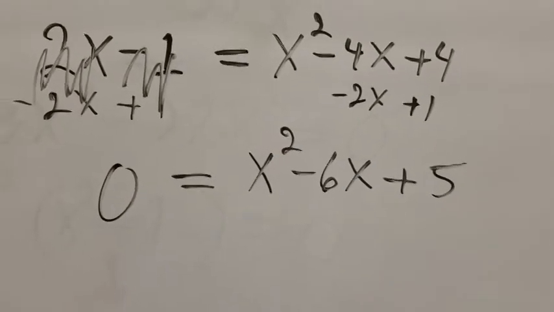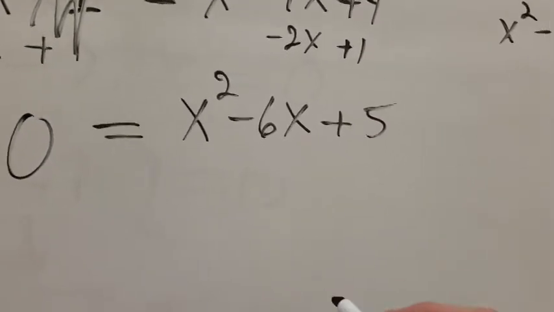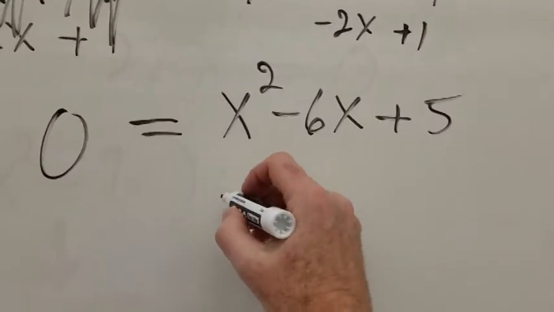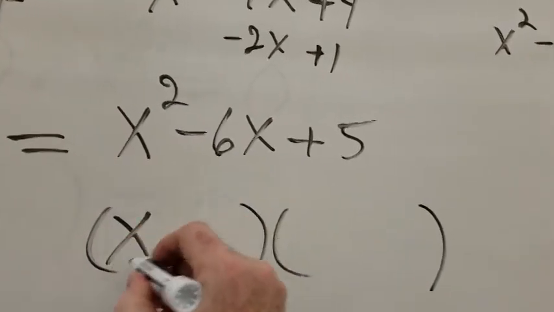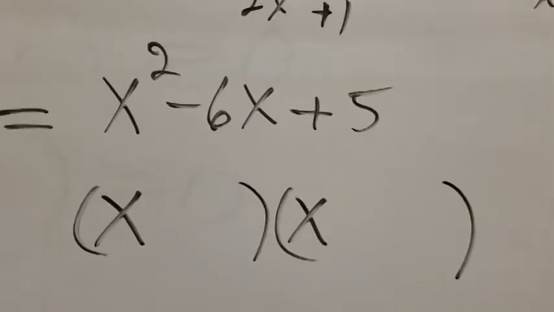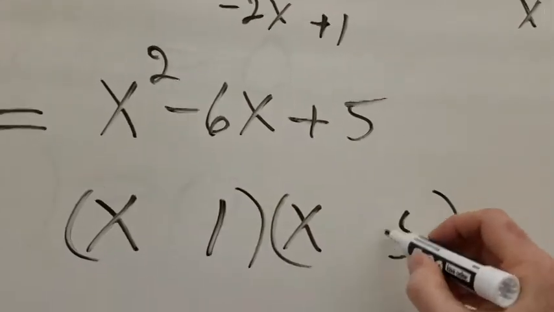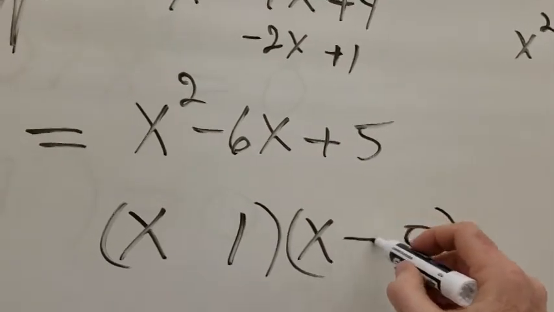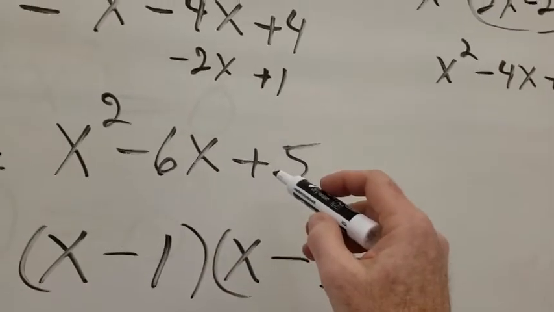And we can solve this any number of ways using last week's material that we learned. I'm going to use just factoring. I'm going to put the x's there. I'm just going to factor this because I know that two terms that make 5 are a 1 and a 5. And if they're both negative, you see negative times a negative gives me positive 5.